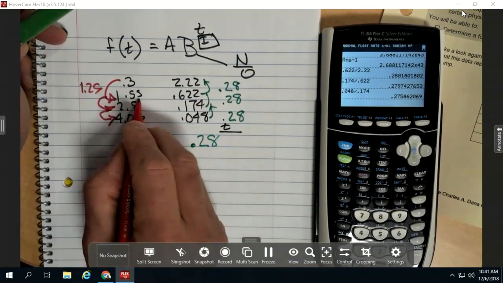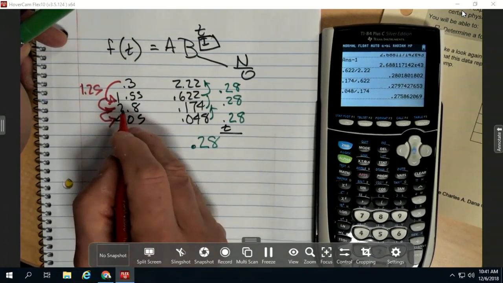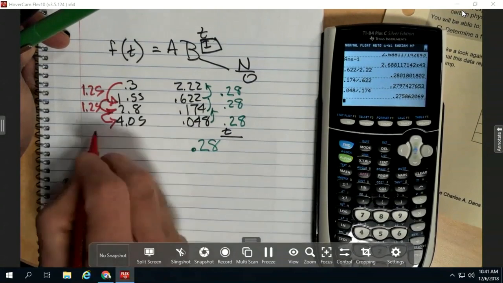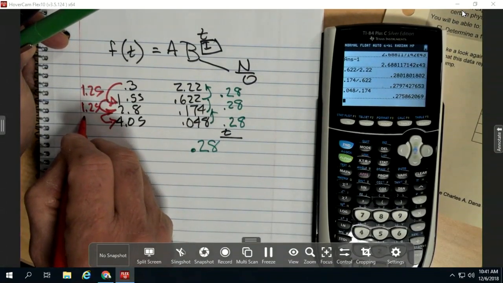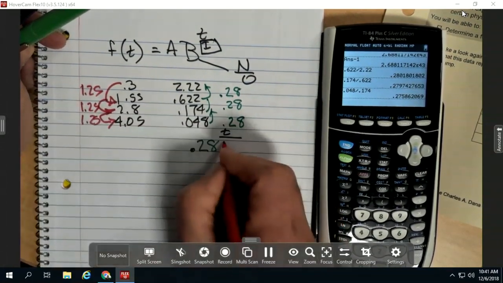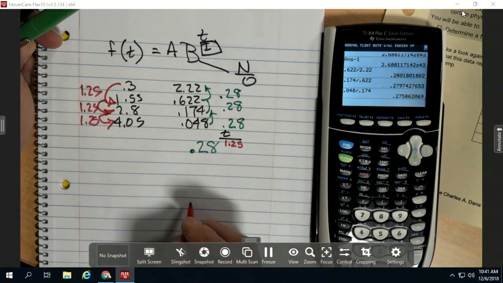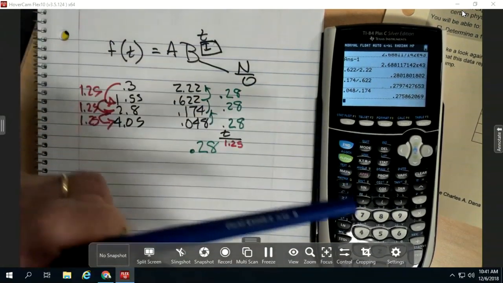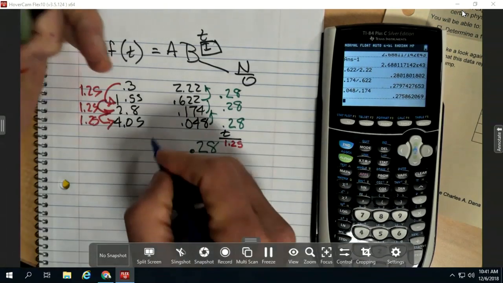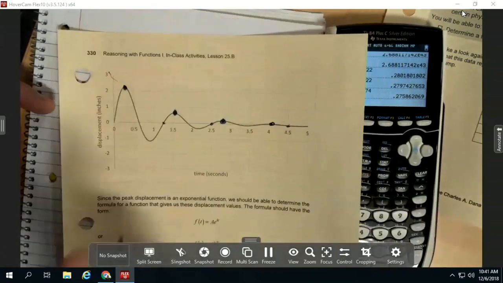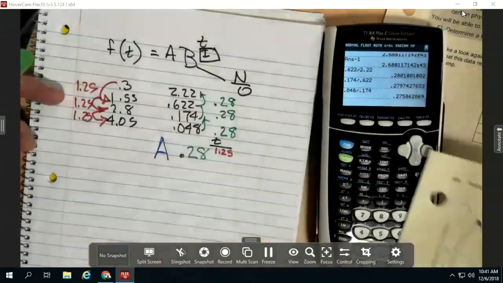How far is it from 1.55 to 2.8? How far is it from 2.8 to 4.05? So the only value we're missing is, where does this graph cross the y-axis?